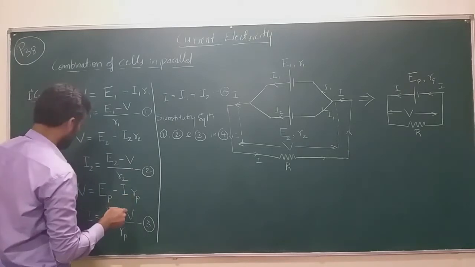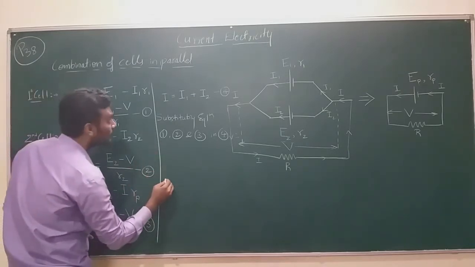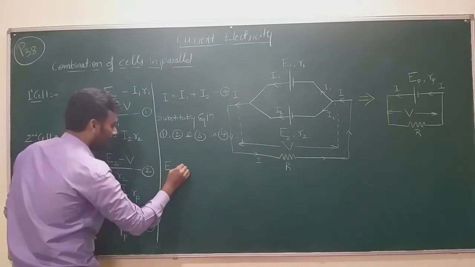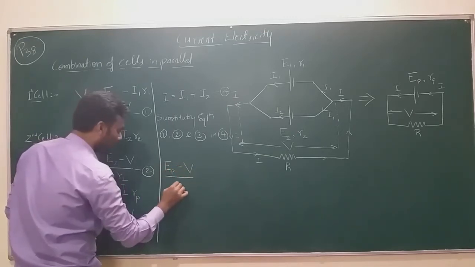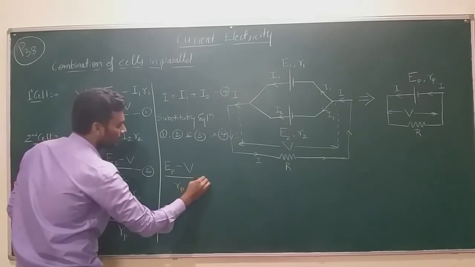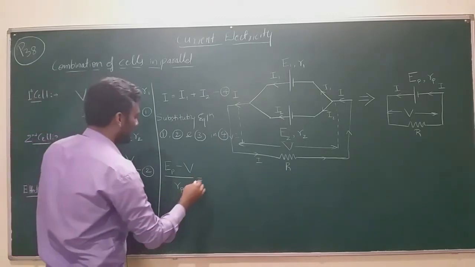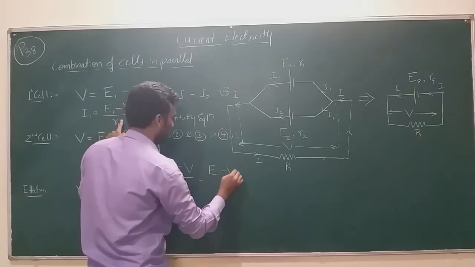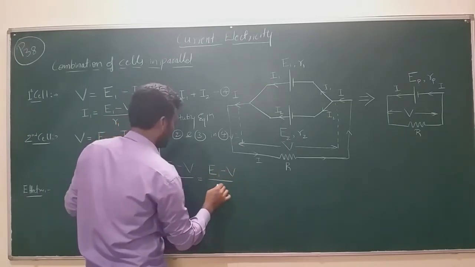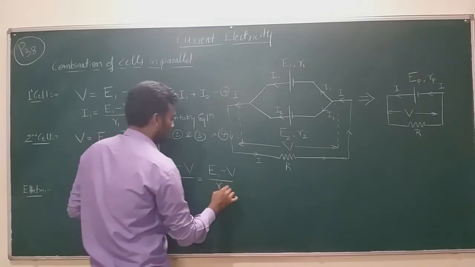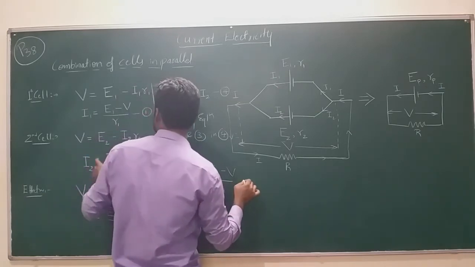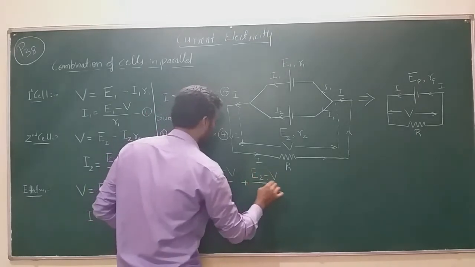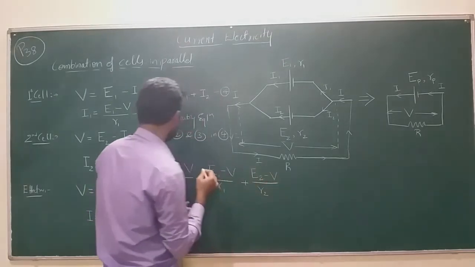In place of I, now I need to write EP minus V divided by RP. In place of I1 I should write E1 minus V divided by R1, plus, in place of I2 I should write E2 minus V divided by R2.